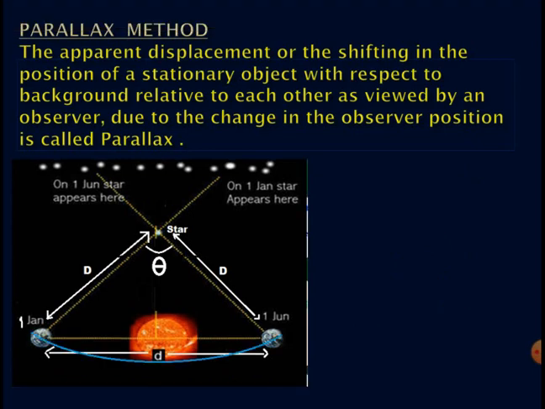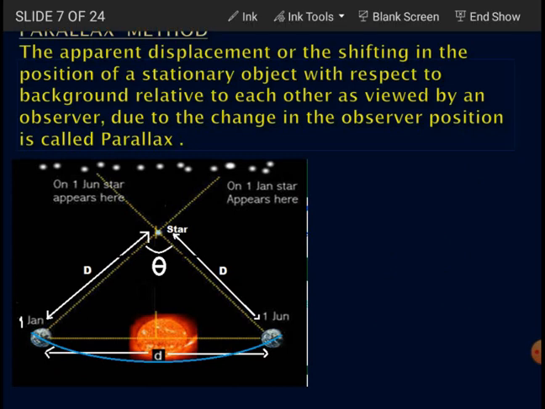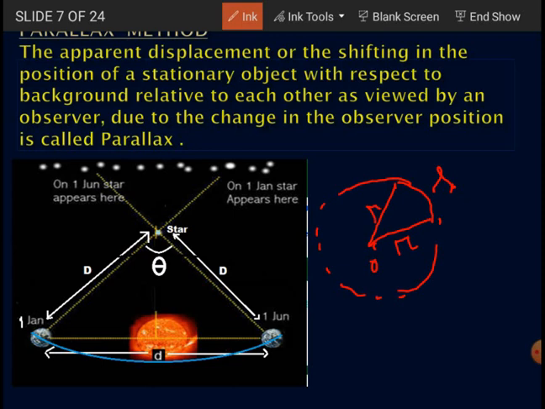Now see, the blue line is the orbit, and how do we find out that capital D? Now you know that in the case of an arc like this, the arc length is denoted by S, and this is the center of that circle. If you complete it, it will come like this, and this will represent your radius.